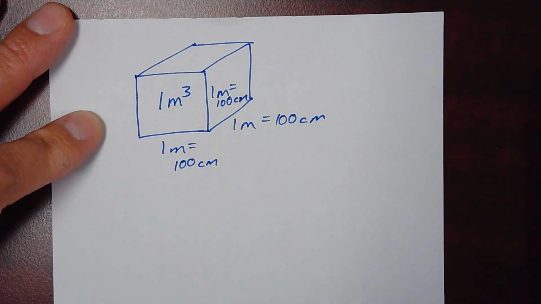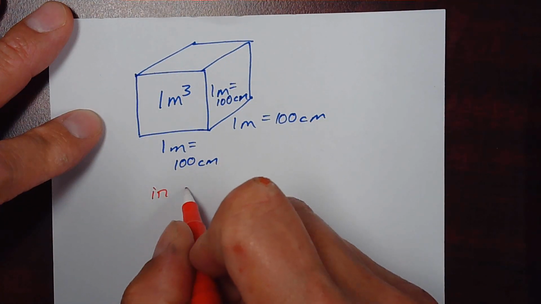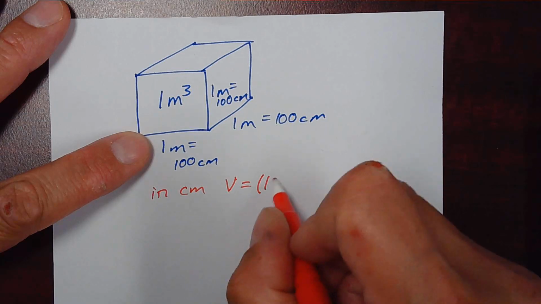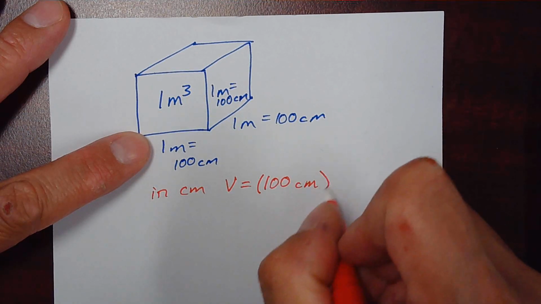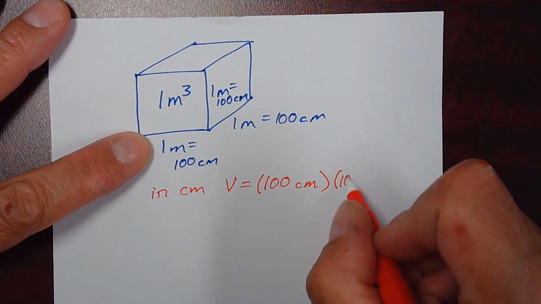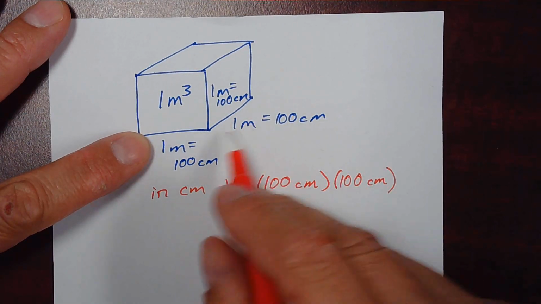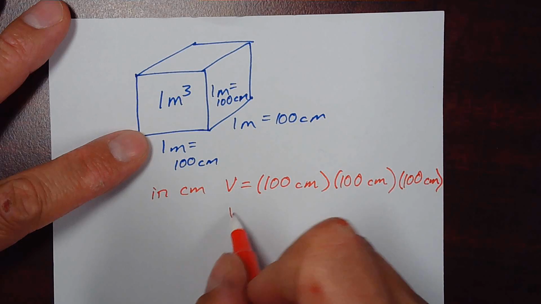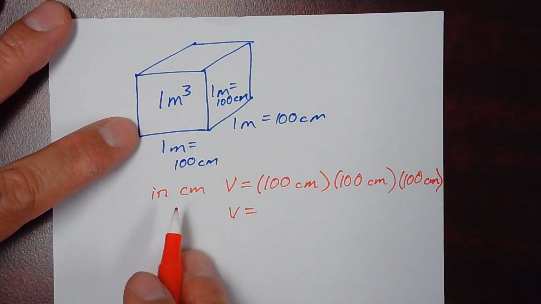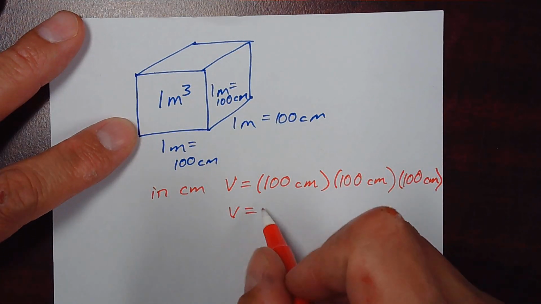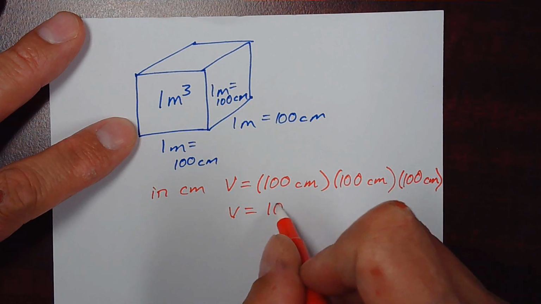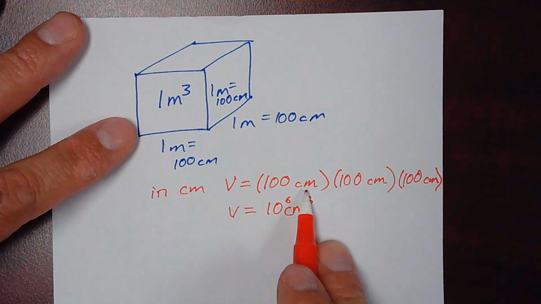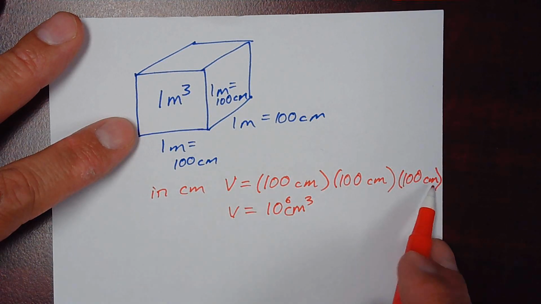And so if we were to calculate the volume in centimeters, it's going to be the width, so it's 100 centimeters, times the height, which is 100 centimeters, times the depth, which is 100 centimeters. And so the volume of this cube expressed in centimeters is going to be 100 times 100 times 100, which is 1,000,000, or 10 to the 6th cubic centimeters.